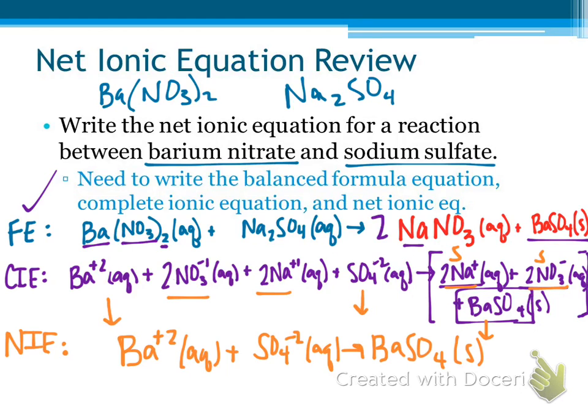This reaction, if you did it right, should automatically balance. There should be no need to balance that reaction. As long as you did it correctly here, then transferred the number and the moles of ions correctly here, everything should balance, which it does, right? 1 barium plus 1 sulfate yields barium sulfate.